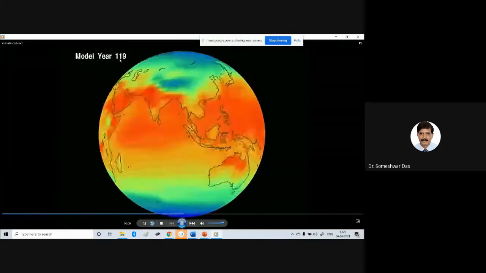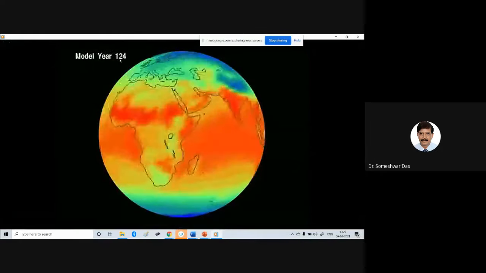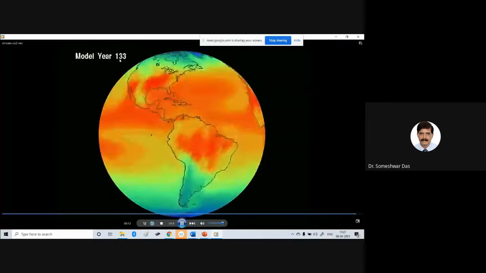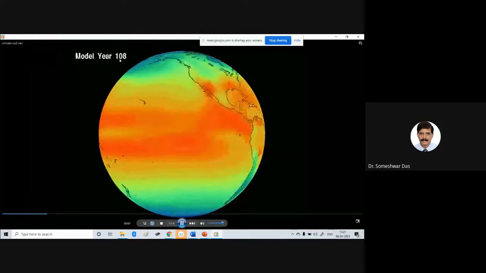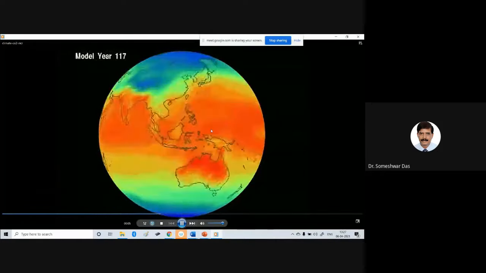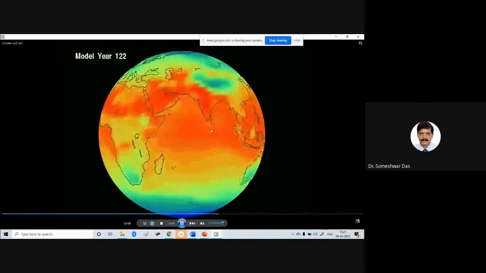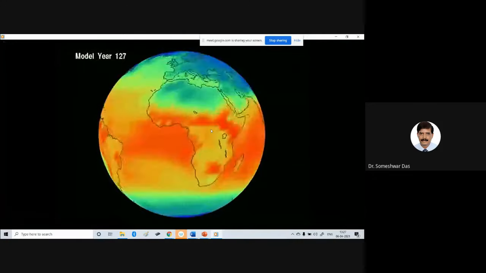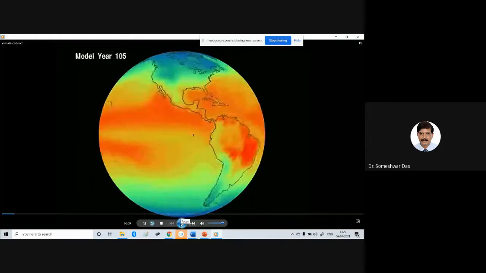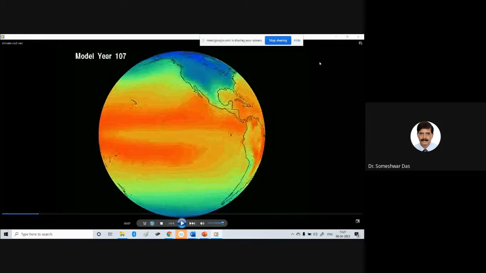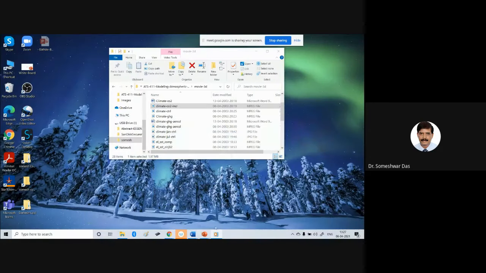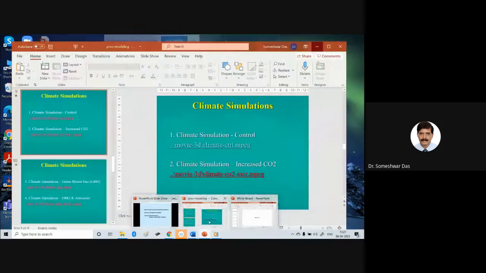So this is how the global climate is simulated using a coupled climate model, all right. So this is yet another example, and I'm going to show you the next example now quickly because I wanted to show you a lot of examples today, all of them by today itself.